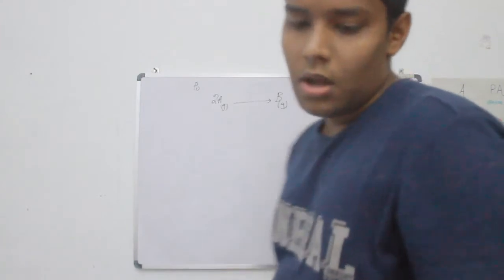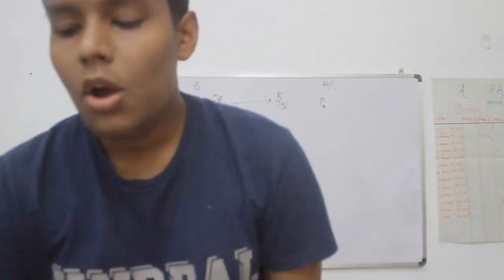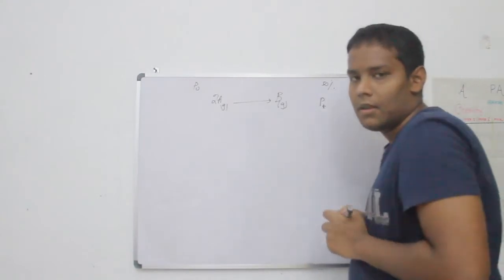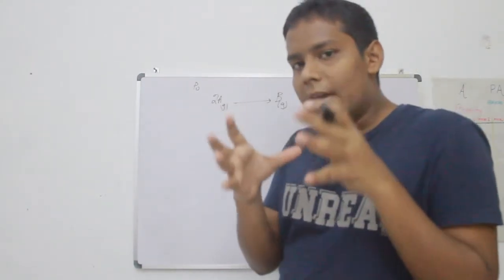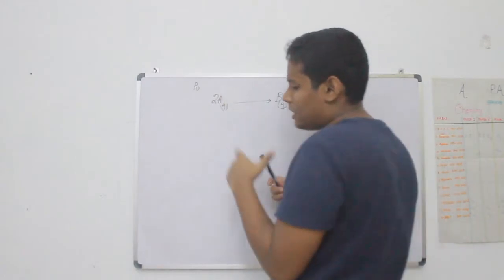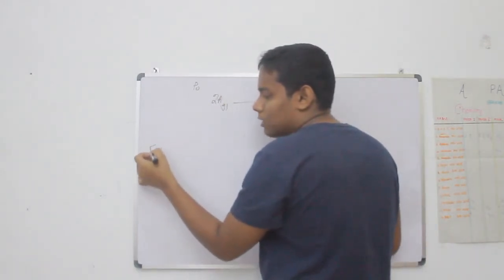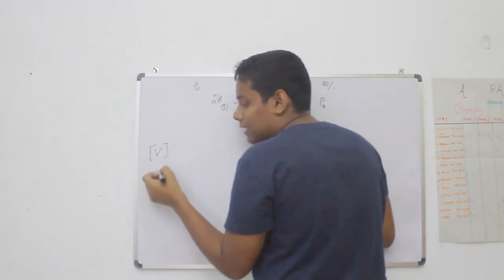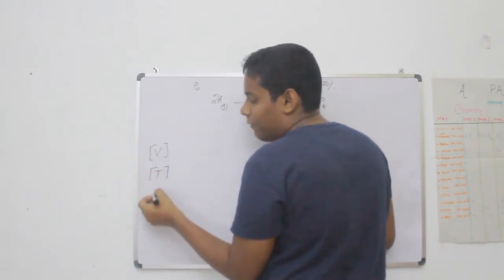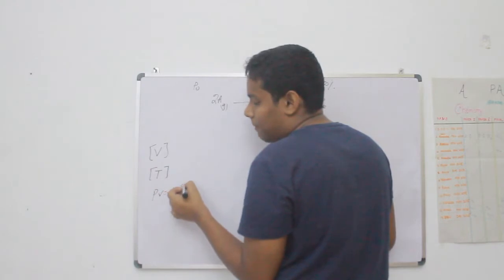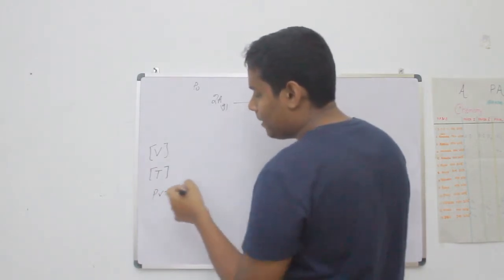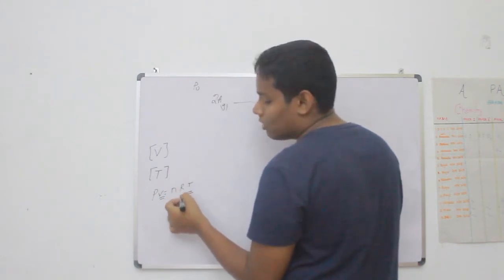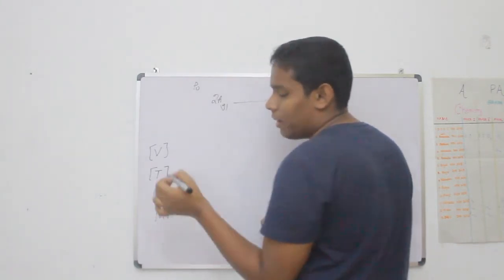Now, these two gases are within the same rigid container, so V will become constant. And they are at the same temperature. So PV equals nRT, assuming ideal behavior. When V is constant, T is constant, and R is constant, so P will be directly proportional to N.